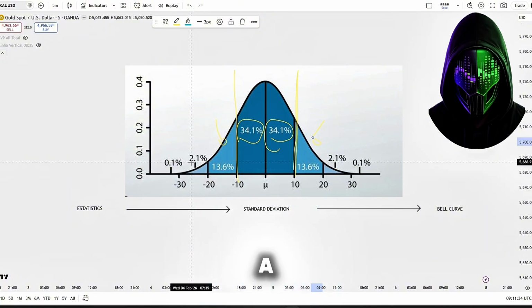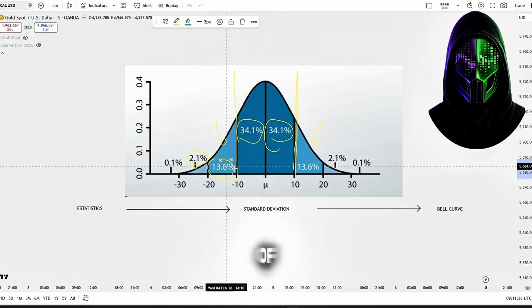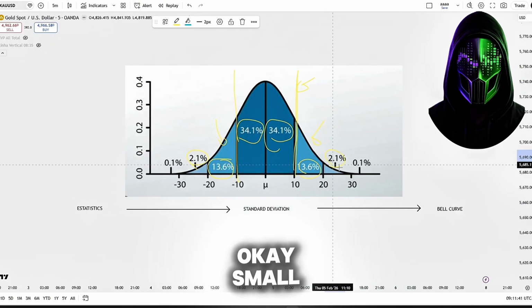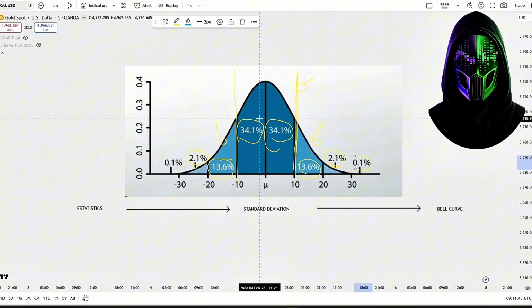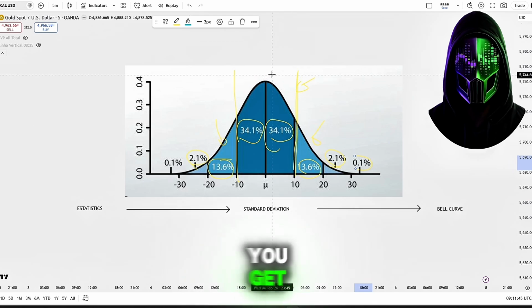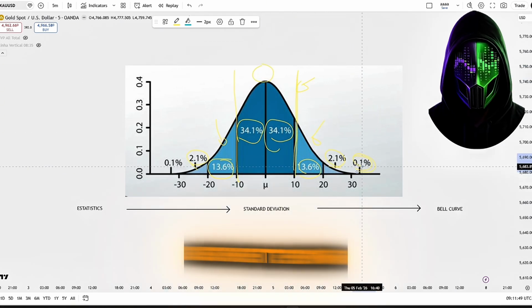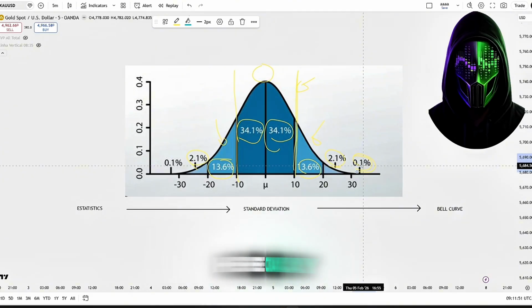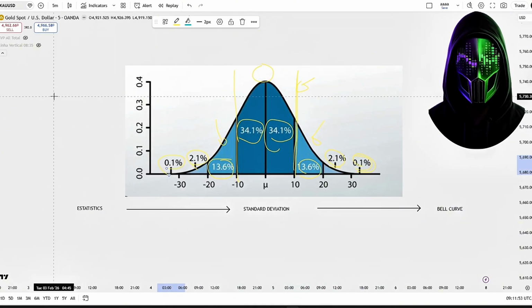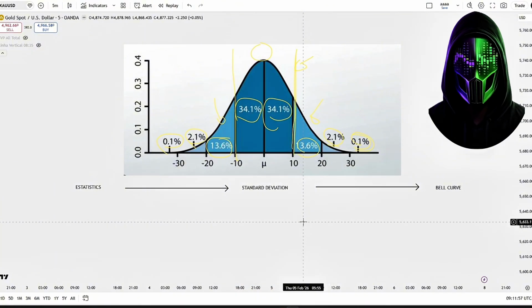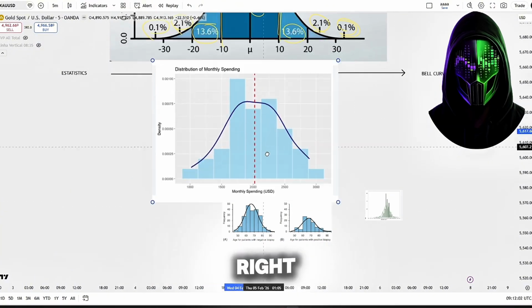So you have a small portion of things outside of the average. The farther away you get from this point, the fewer things or people there are. So let's illustrate this a little better with some examples.